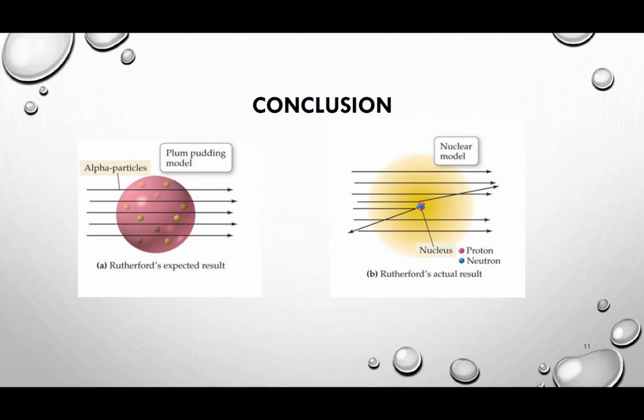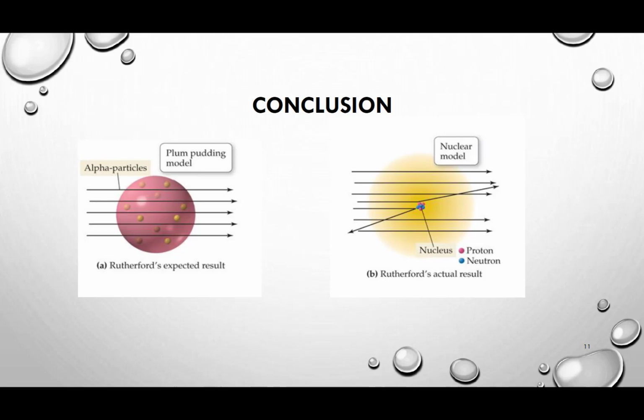Now let's quickly go over the plum pudding experiment. If William Thomson's suggestion was correct, when we shone alpha particles, they would have gone through. But some of the alpha particles hit the center of the atom, and that's why they bounce back.